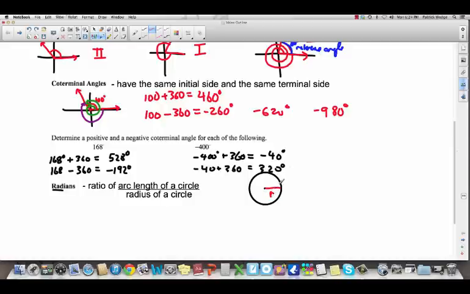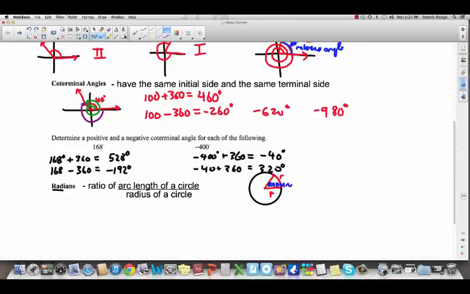An arc length is when you start traveling part way around the circle on the outside of the circle. And this would be a certain distance as we move here. As soon as you've gone the same distance, like if this distance here is r, as soon as I've gone r units this way, then the angle that's formed is a radian. That's how much a radian is right there.